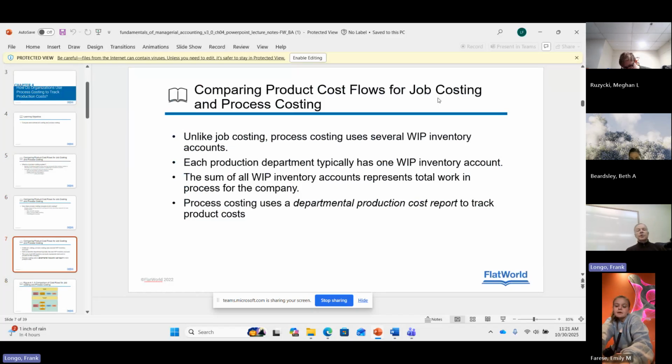Process costing can use several work in process inventory accounts. Each production department typically has one work in process inventory account. But when we add up all of those work in process inventory accounts, they will represent the total work in process for the company.